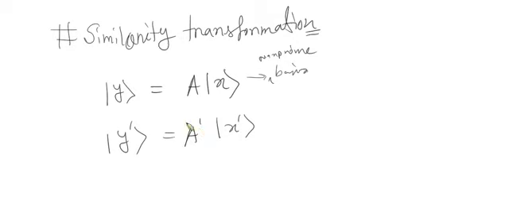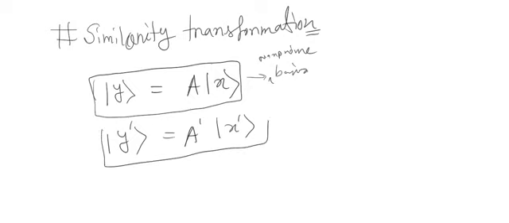So that's what I'm indicating with the prime over here. And these two equations, the whole thing is basis independent, both of them. And since we are considering a similarity transformation, that is, we are considering a change of basis, what we want to do now is the following, that is, we are trying to relate A prime with A.